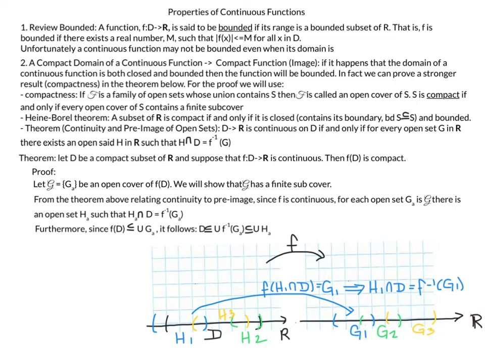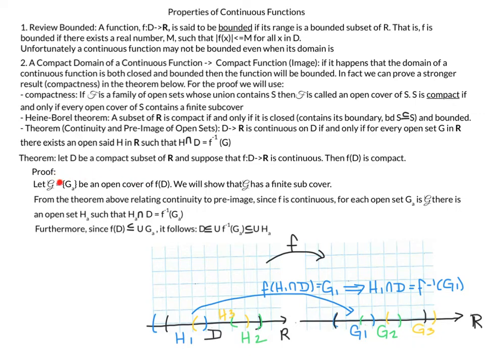And then what this theorem starts out with saying is, let G be an open cover of f of D. So let's say our f of D, the range of our function, is from these black parentheses here to here.